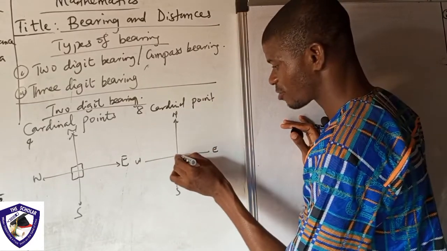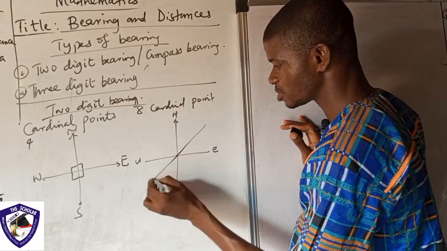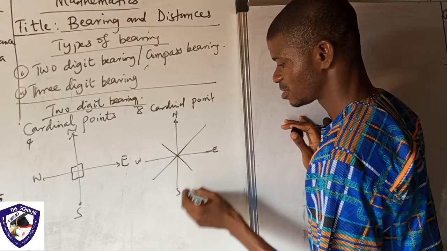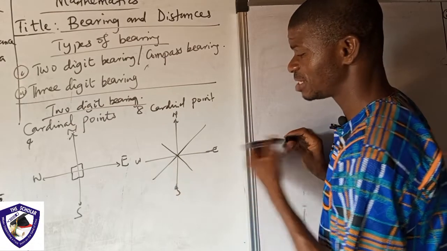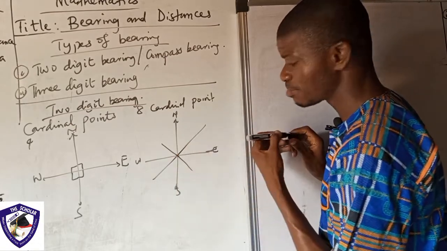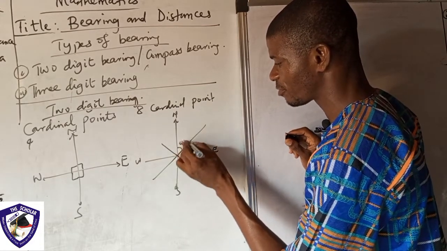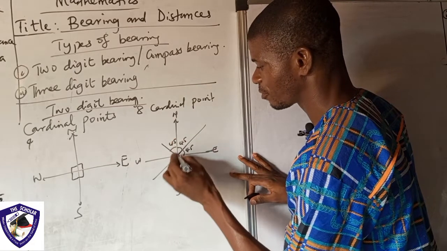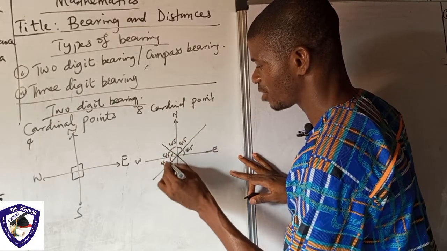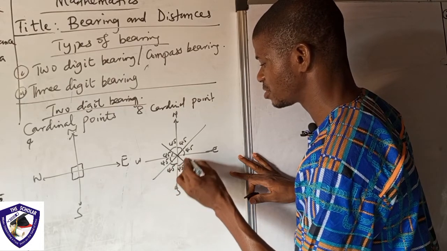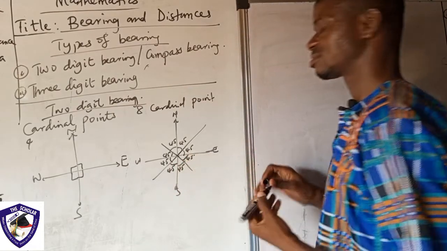Now, if I take a line from this way and divide it into two equal portions, then take another one from here, divide it into two equal portions, then I've succeeded in dividing it. Since it's a perpendicular bisector, each angle will be 45 degrees.